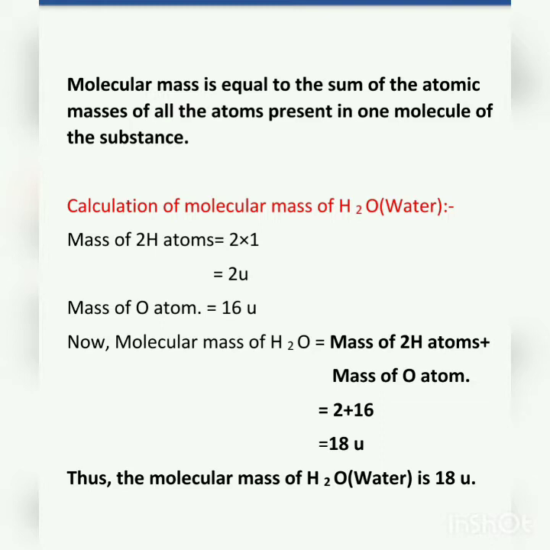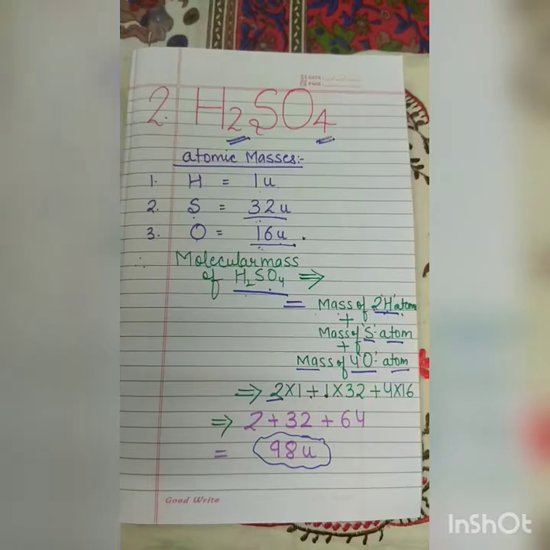So the molecular mass of H2O is the mass of hydrogen atoms plus the mass of the oxygen atom. The mass of two hydrogen atoms is 2, plus the mass of the oxygen atom is 16, and after solving it we get 18 units. So we can say that the molecular mass of water is 18 units.